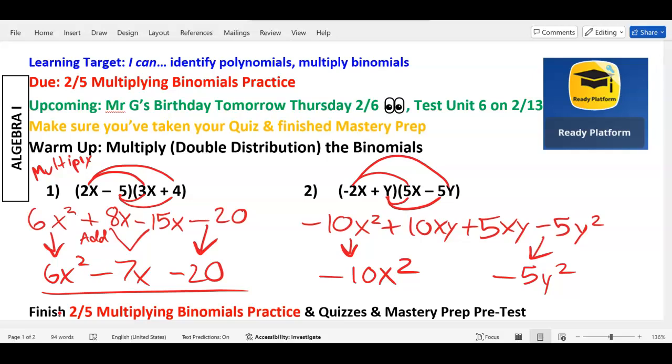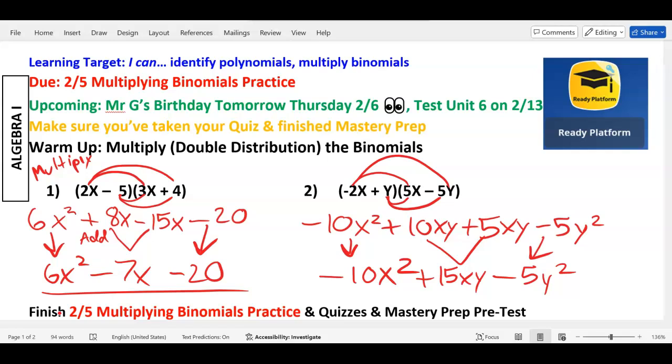So we're going to combine like terms right here. We're going to add together those coefficients, 10 plus 5, and we get positive 15xy.